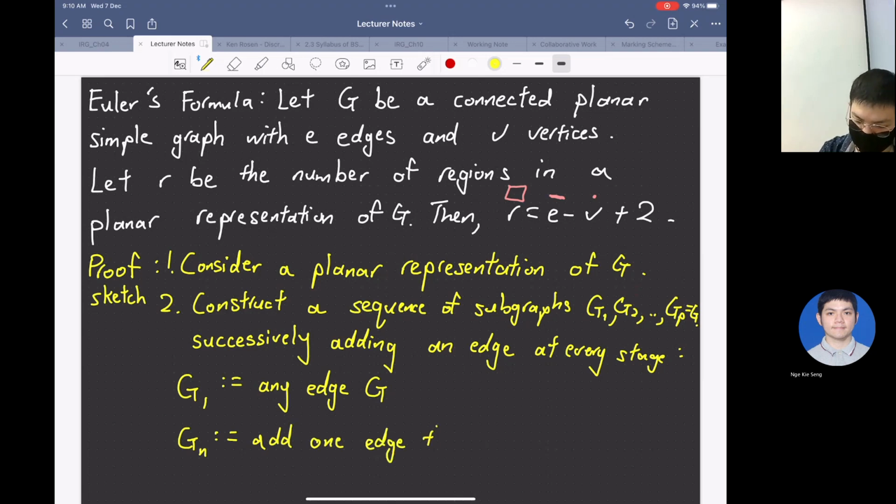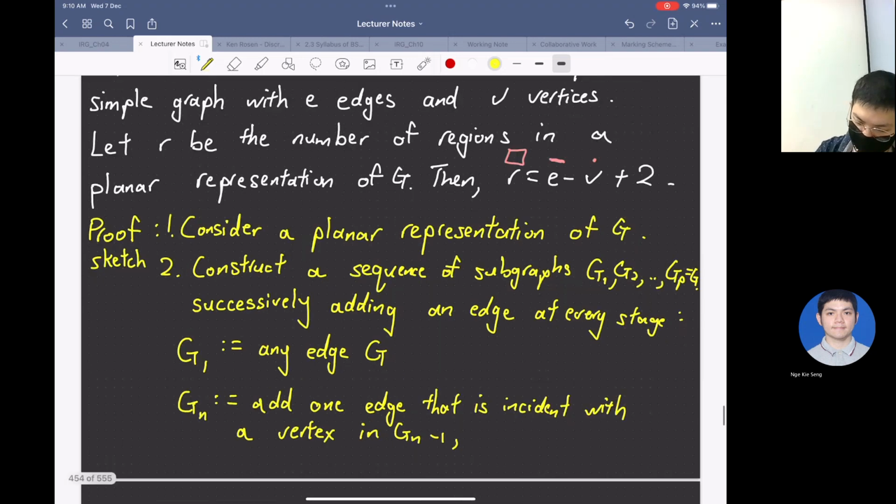The edge that is incident with a vertex in the previous subgraph. So if the other vertex of the edge is not in the original graph, then you add that vertex in.